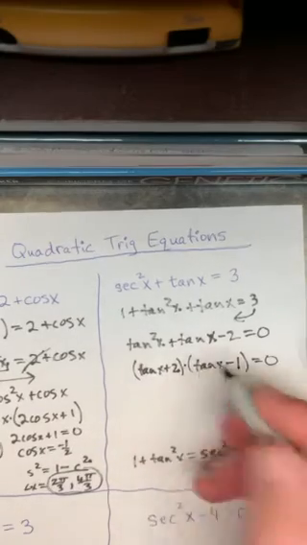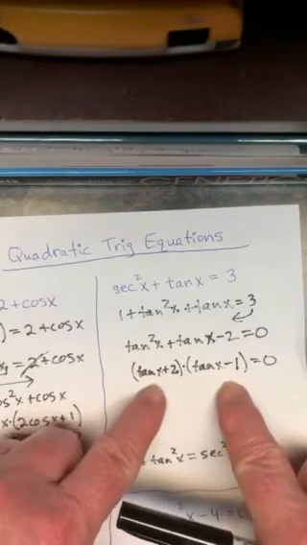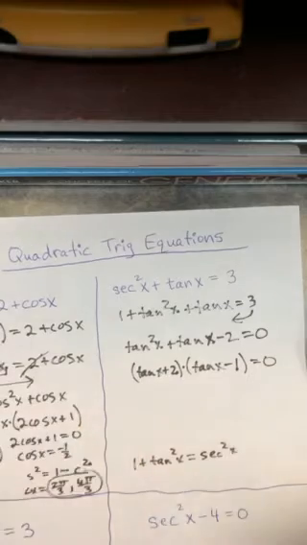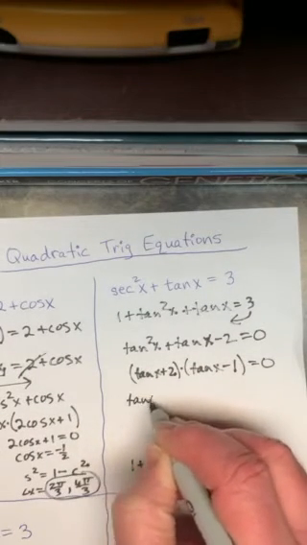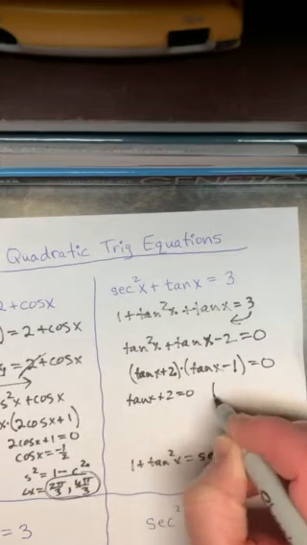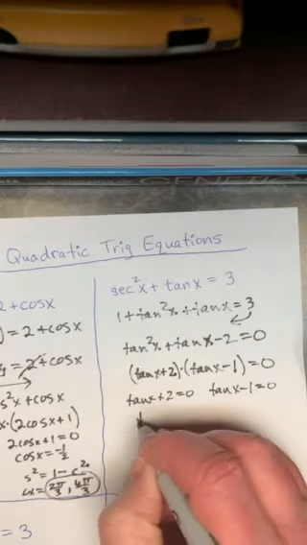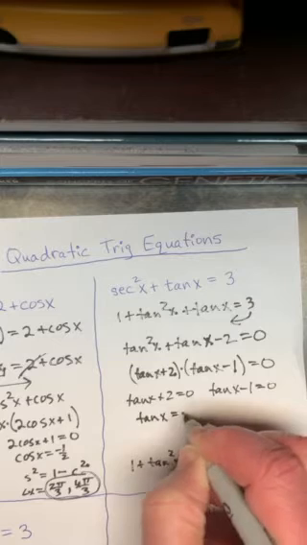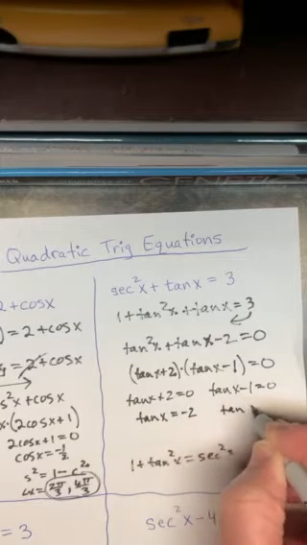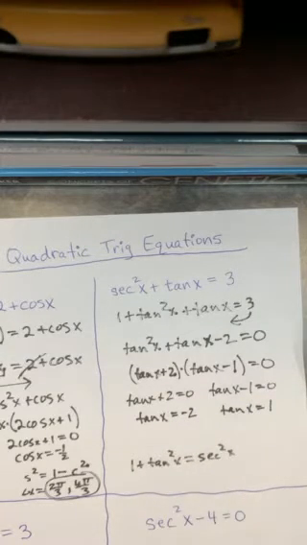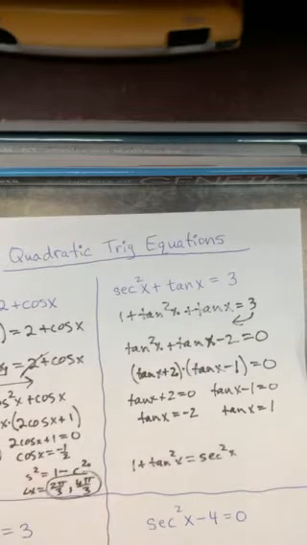When I split these up and set them both equal to 0, I would end up with tan x plus 2 equals 0, tan x minus 1 equals 0. So tan equals -2 and tan equals 1. And I would then have to look things up on my unit circle.